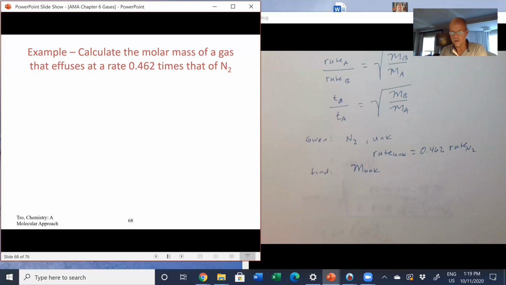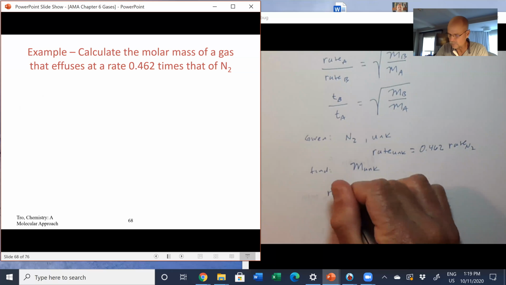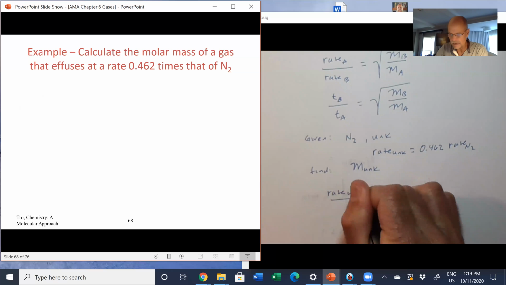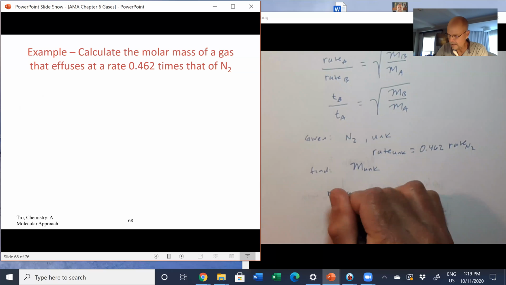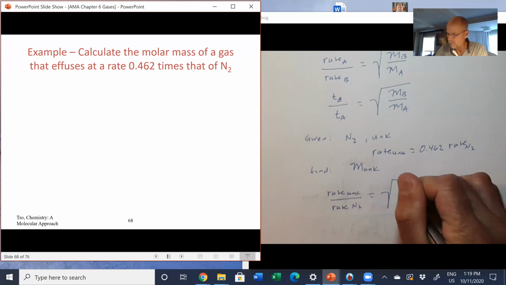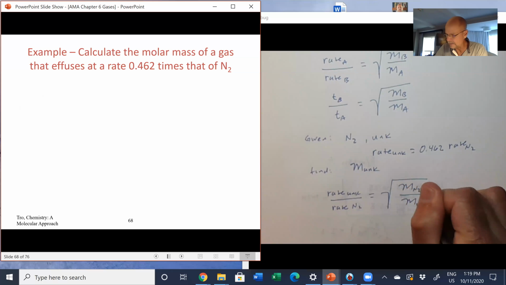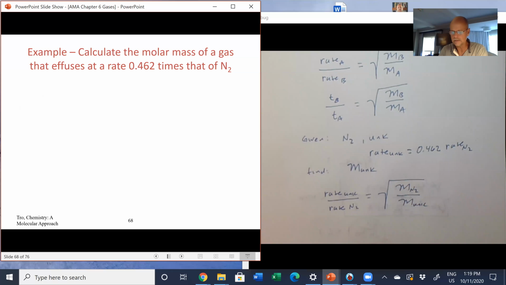All right, so then let's go ahead and write down our Graham's law in terms of these gases: the rate of the unknown gas divided by the rate of nitrogen gas is equal to the square root of the molar mass of nitrogen gas divided by the molar mass of the unknown gas, right? Now, what do we know in this equation, right?